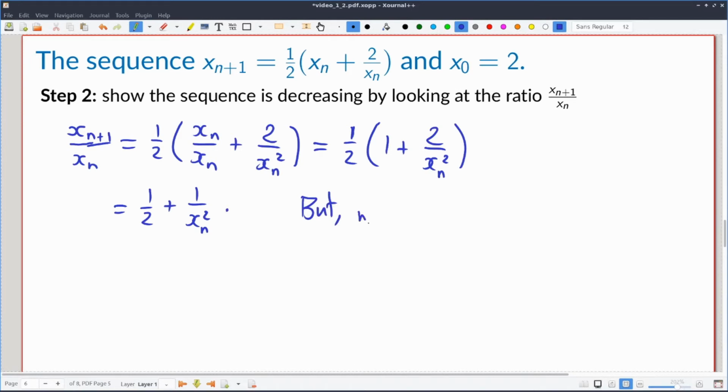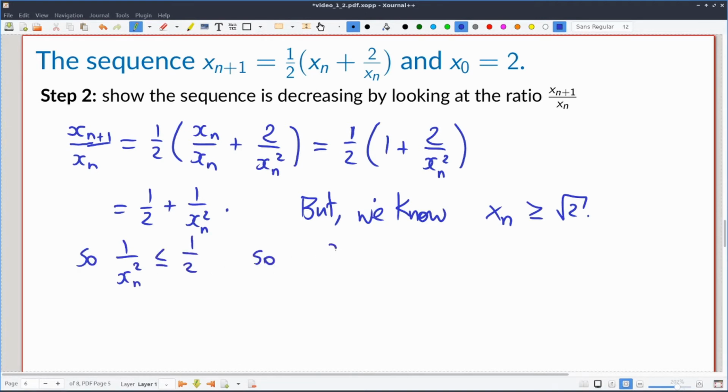But we know that xn is greater than or equal to root 2. So this means that 1 over xn squared is going to be less than or equal to 1/2. So xn plus 1 over xn is less than or equal to 1.